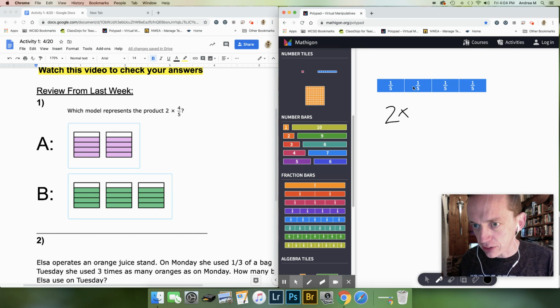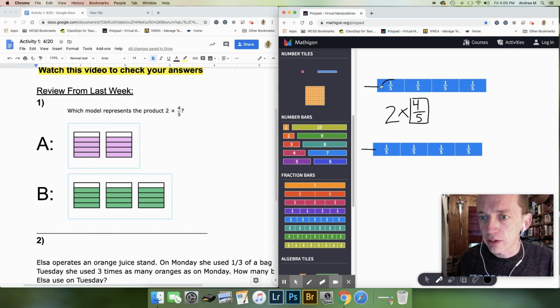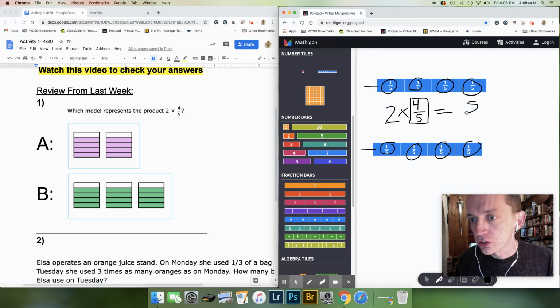So if I were to take this model and think about it 2 times, I'm going to get another set of fifths and drag it over here. That's 1, 2, 3, 4/5. I also want to model this problem from what we saw last week. So this is 4/5 right here, 1 time, 2 times. So we have 1/5, 2/5, 3/5, 4/5, 5/5, 6/5, 7/5, 8/5 right here. So that equals 8/5.